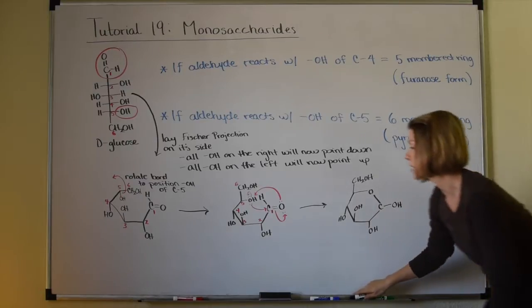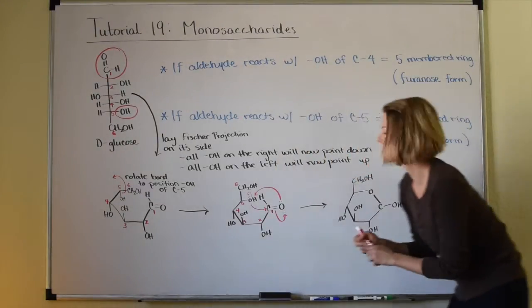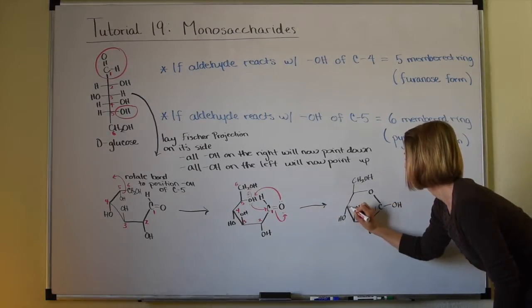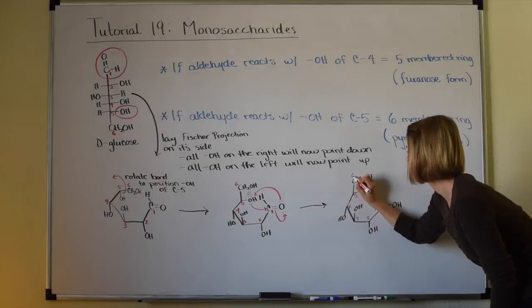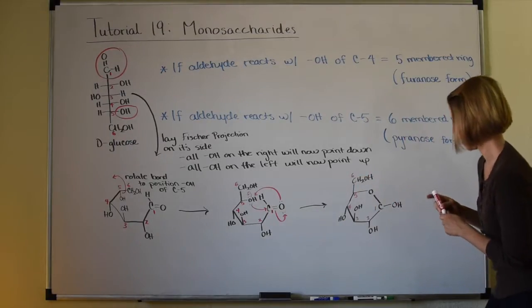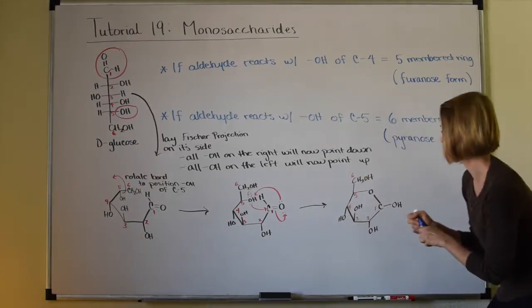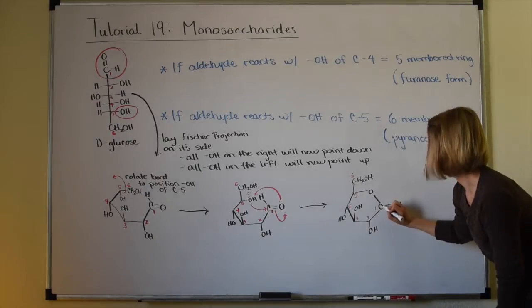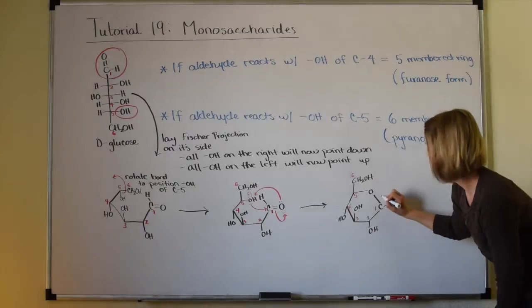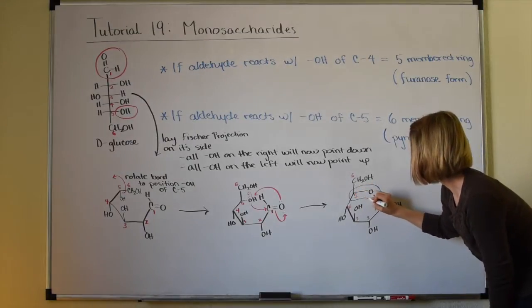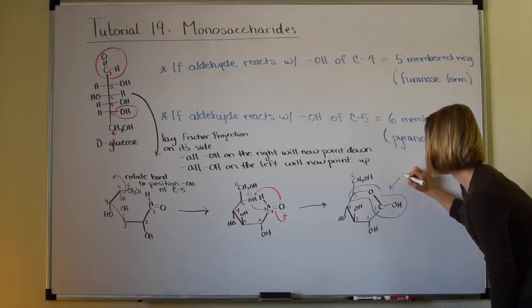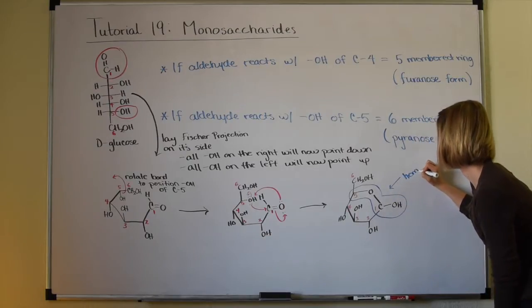Okay. Now let me number my carbons again. 1, 2, 3, 4, 5, and 6. And let's do blue here to circle my hemiacetal. Here's my carbon of the hemiacetal bound to an OR and an OH. Okay, so here's my hemiacetal.